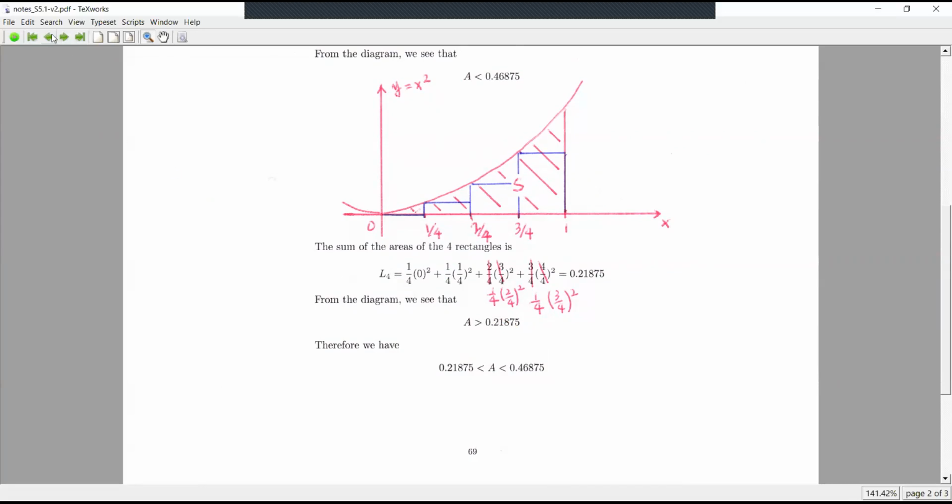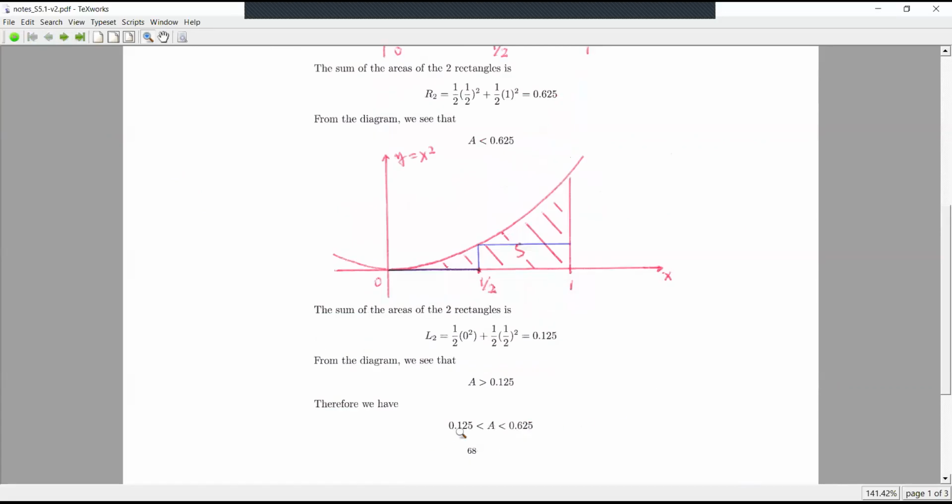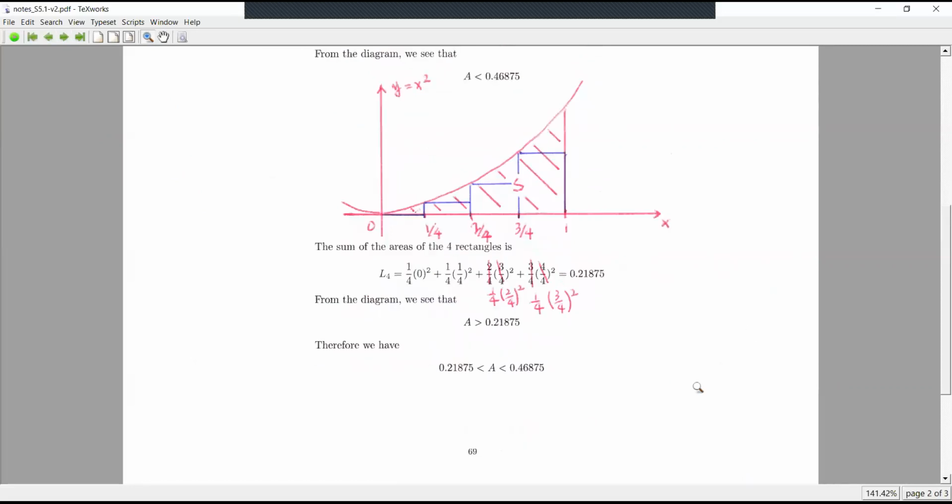The lower bound in step 1 is 0.125. Now the lower bound in step 2 is 0.21875. This number is closer to A because I use more rectangles to approximate the region.